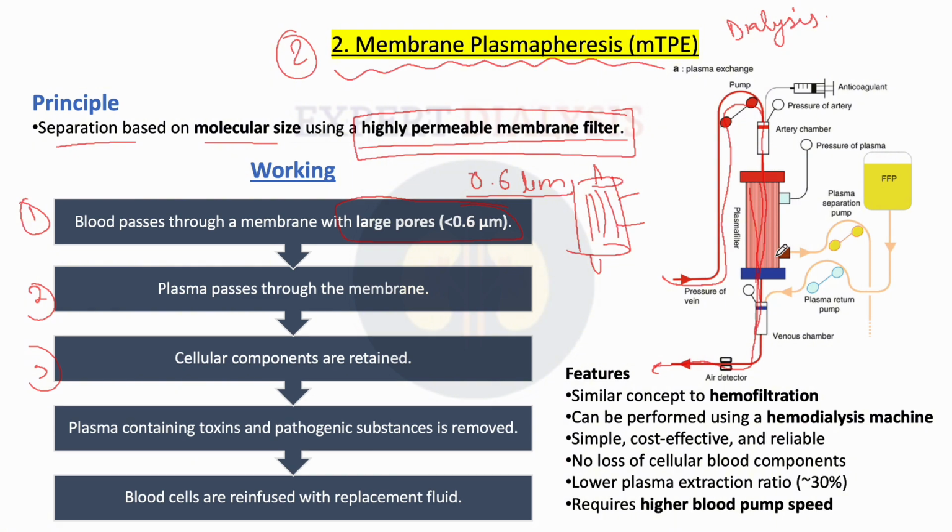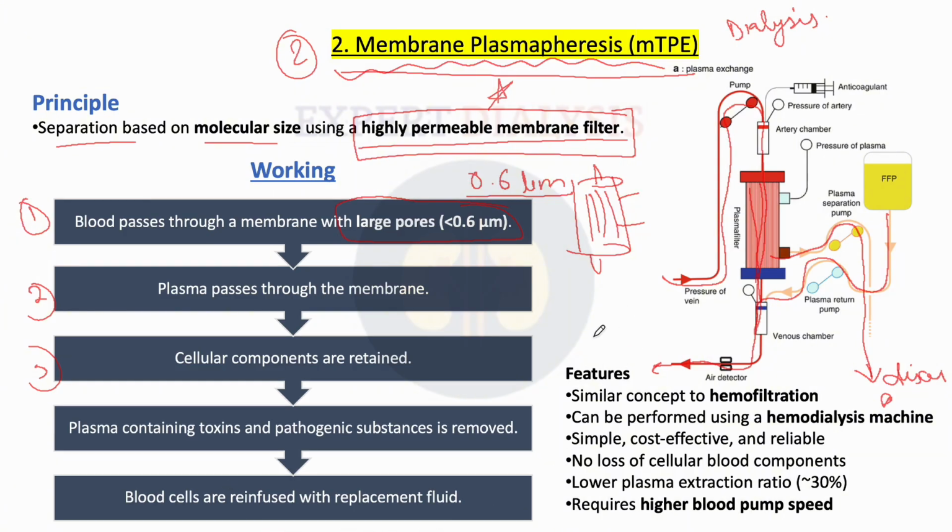We separate the plasma and discard it. Plasma containing toxins and pathogenic substances also gets removed when we discard this plasma. But now we have to replace it, so we use replacement fluid and add it to the cellular components, and that's how membrane plasmapheresis functions. Blood cells are reinfused with the replacement fluids.